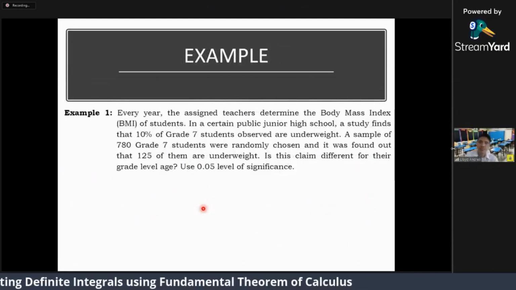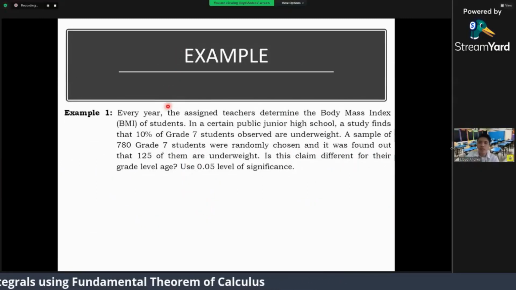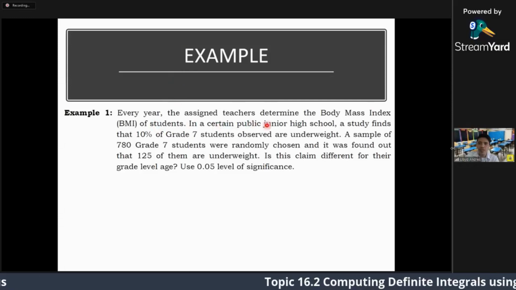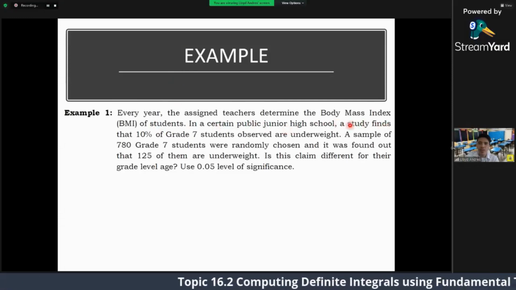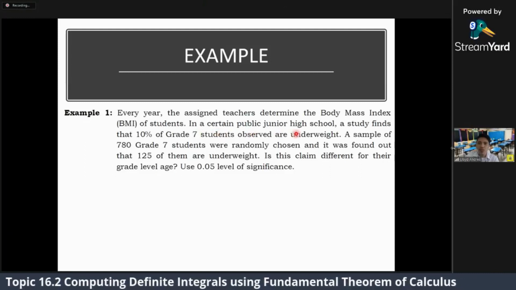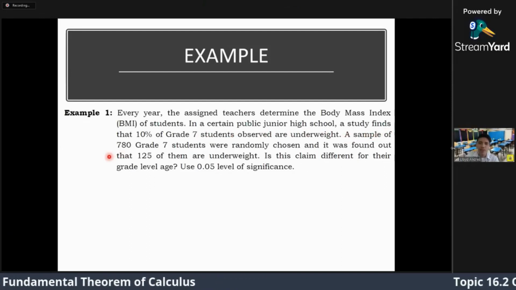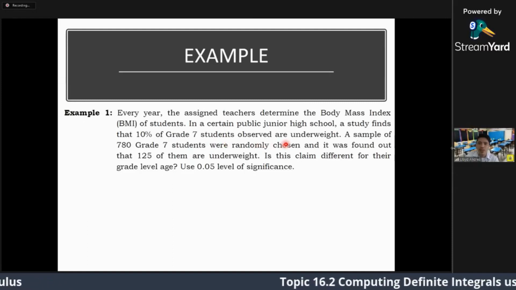Example. I have here a problem. Every year, the assigned teachers determine the body mass index or BMI of students in a certain public junior high school. A study finds that 10% of the grade 7 students observed are underweight.